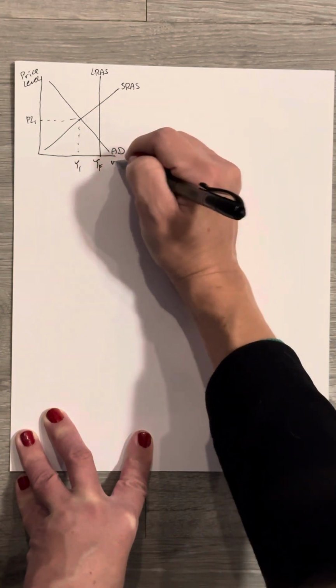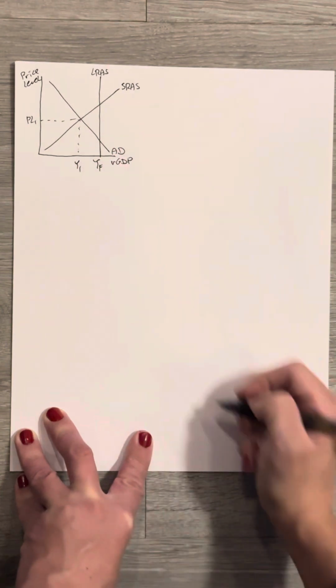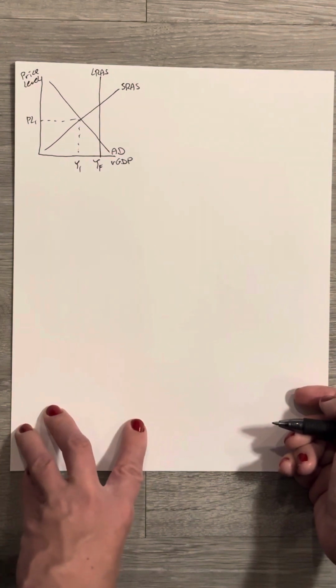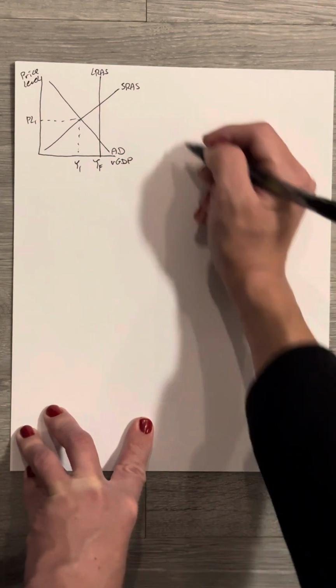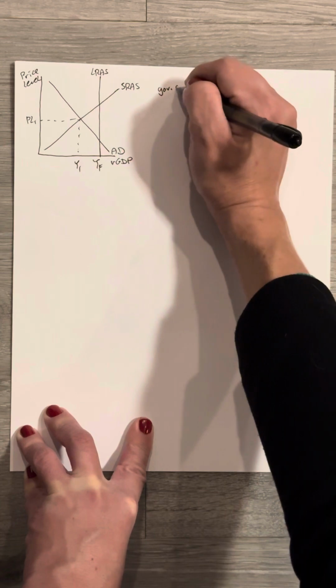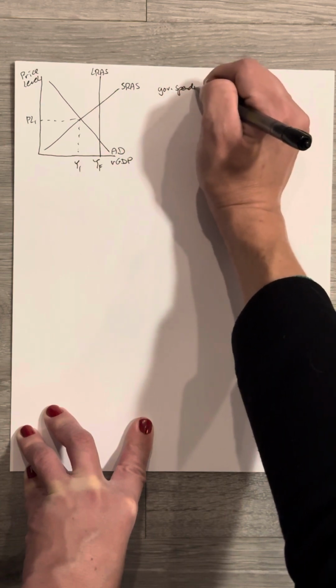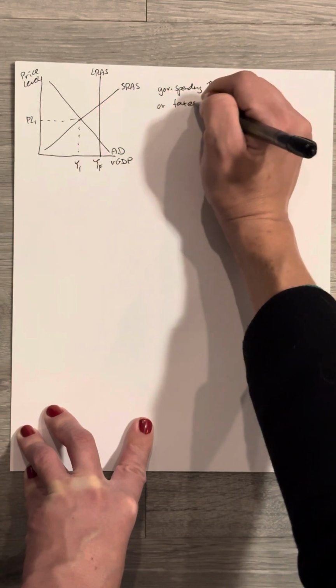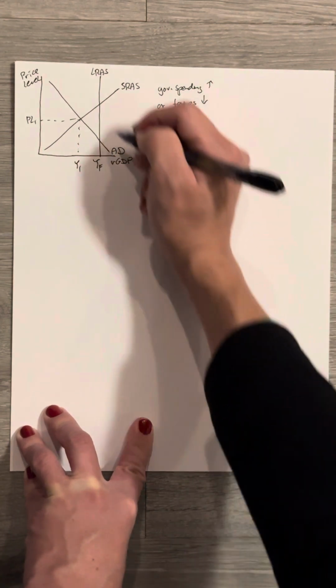and real GDP. Now, let's say the government doesn't want this to happen, so they intervene, which will either be government spending up or taxes down. Now, what is the effect here?